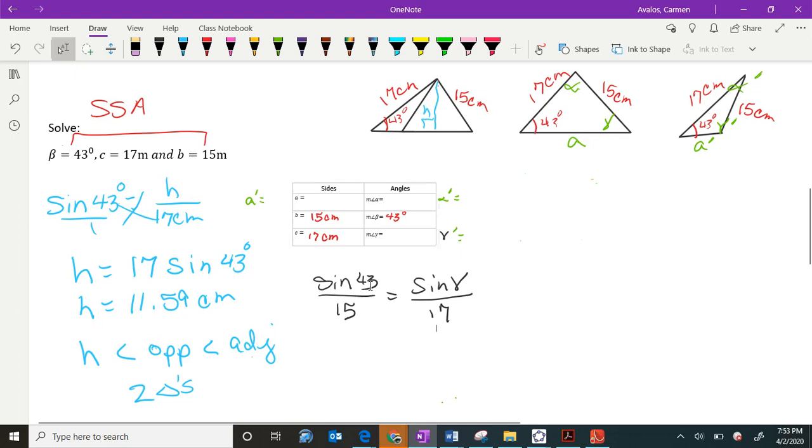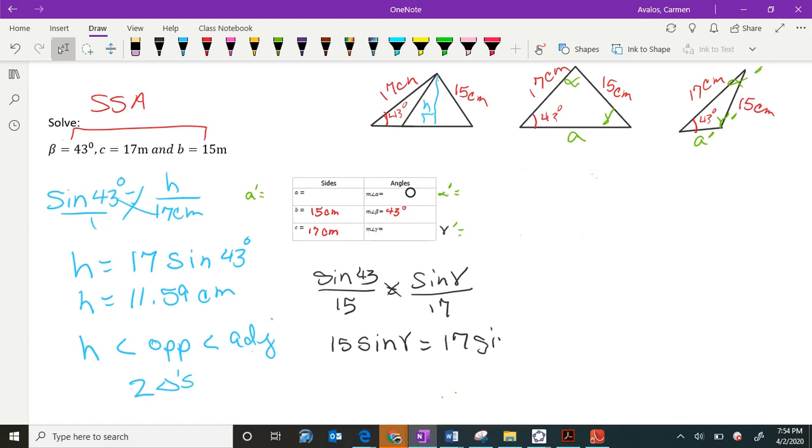When we do this and calculate it, we do the cross multiplication, and we end up having 15 sine of gamma equals 17 sine of 43.